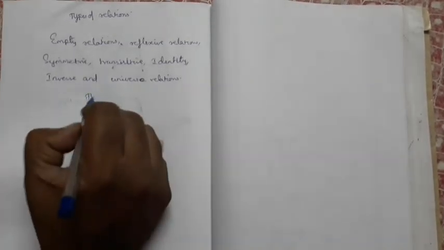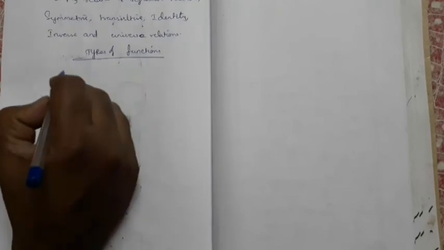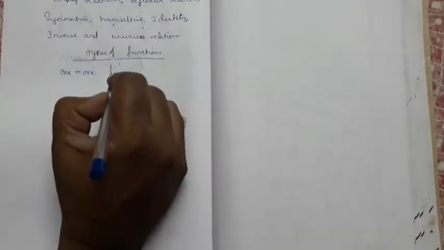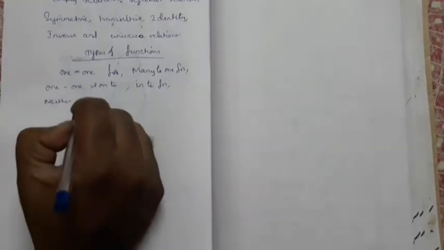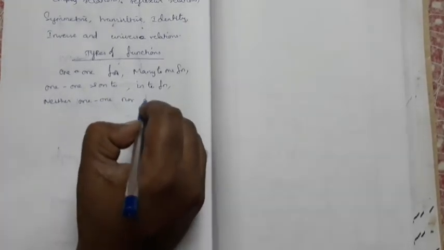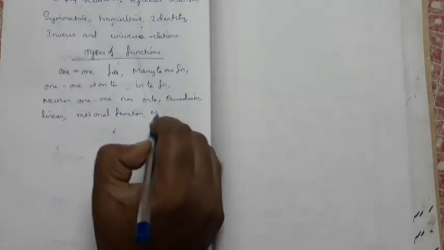And there are also many types of functions. Say for example, a one-to-one function, then many-to-one function, one-to-one and onto, then into function, neither one-to-one nor onto, quadratic, linear function, then a rational function, modulus function, etc. So you will study a few of the types of functions in the 10th standard, and the remaining things you will be studying in your higher classes.